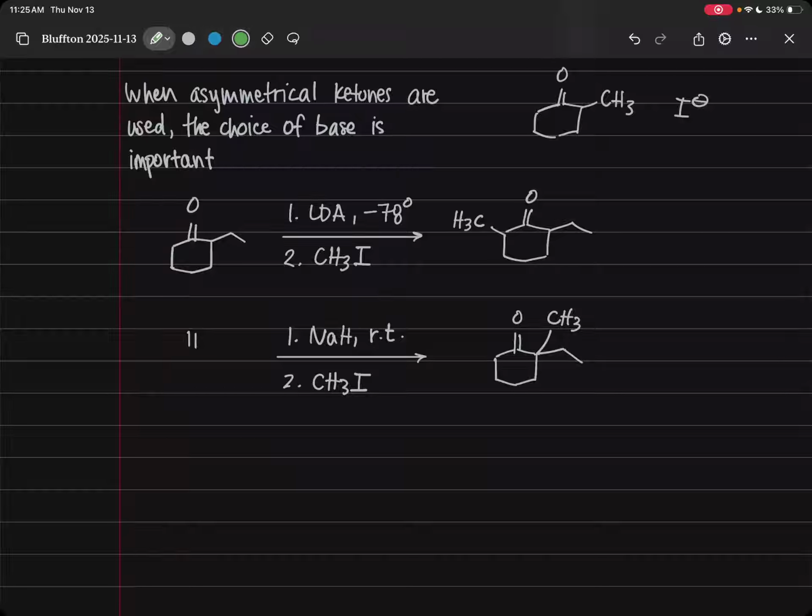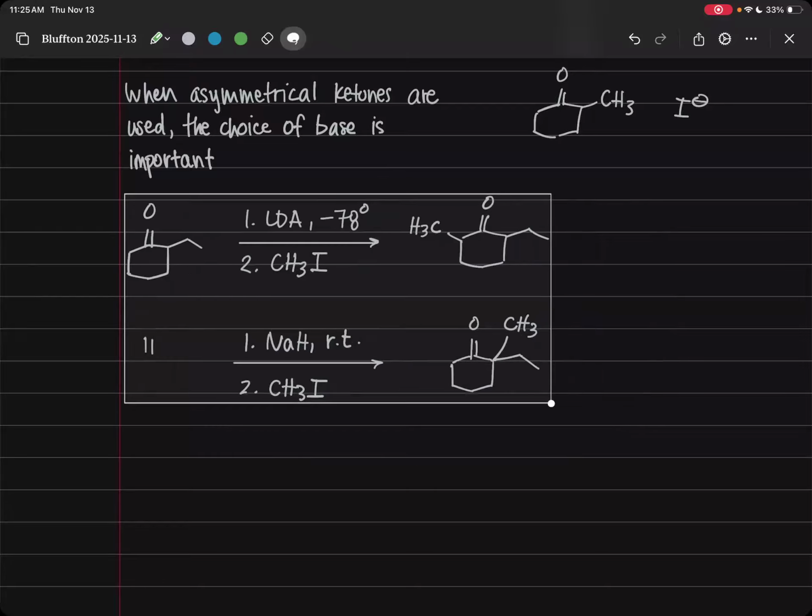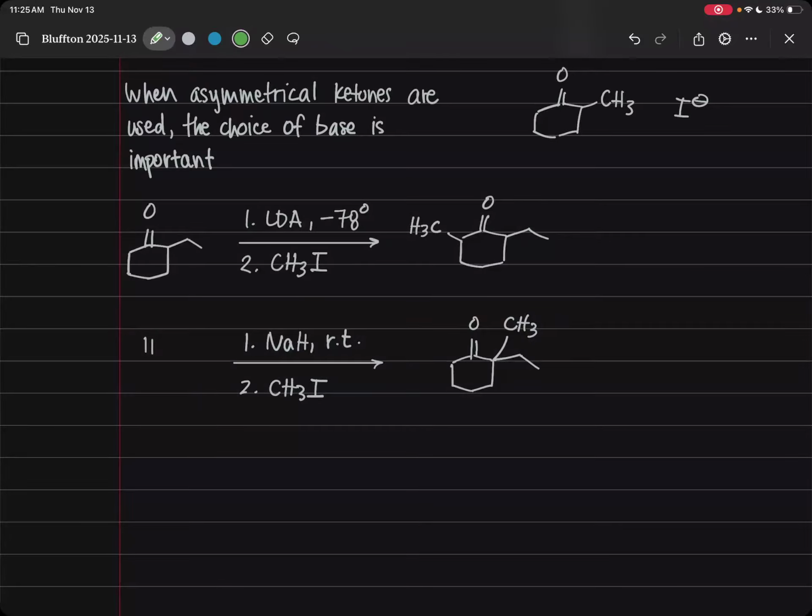So to explain this, we need to look at the structure of the two bases. LDA looks like that. Lithium. And sodium hydride looks like that.